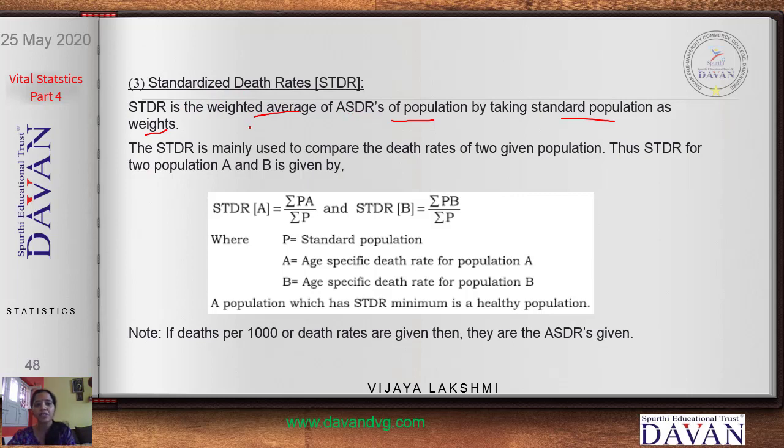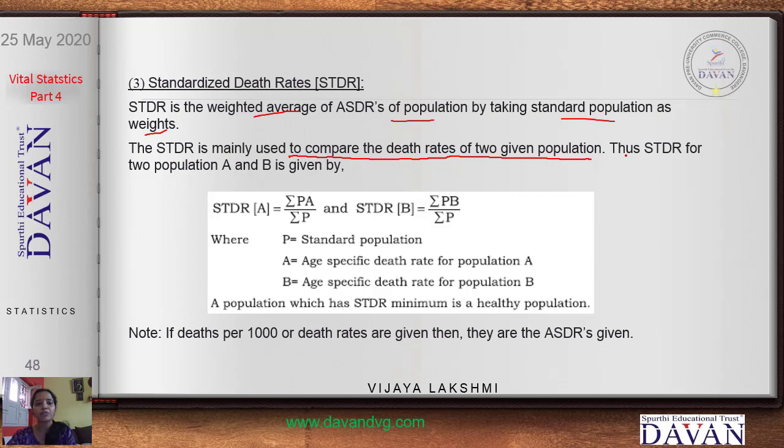What are weights? The weights are nothing but the standard population. Now where exactly do we make use of this STDR? When we have two populations and the death rates of these two populations are to be compared, then we make use of this STDR. So it is mainly used to compare the death rates of two given populations.